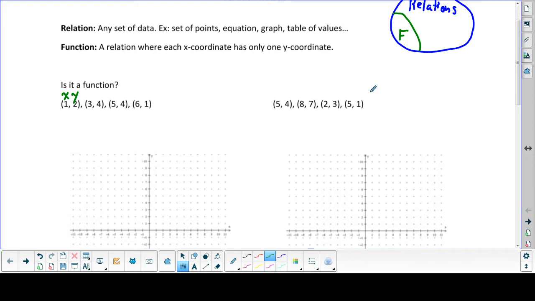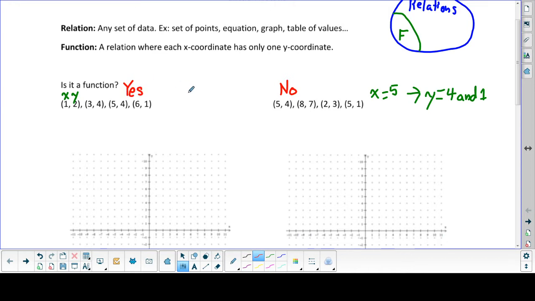So x equals 5 means that y equals 4 and 1. This is not a function. So is this a function? This one here is a no. It's not a function because an x value has 2 y values. The x value of 5 has 2 y values, 4 and 1. This one is a function. There is no such case.